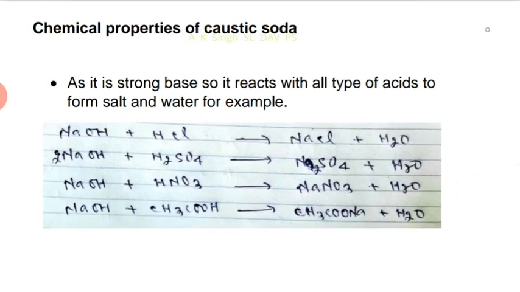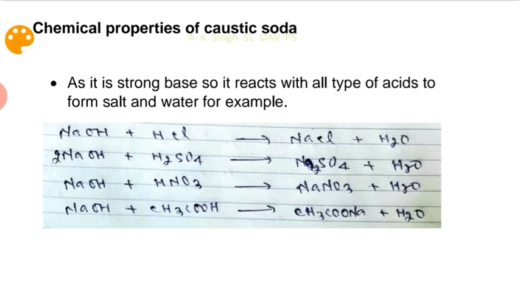Now, chemical properties of caustic soda. As it is a strong base, it reacts with all types of acids and forms salt and water.